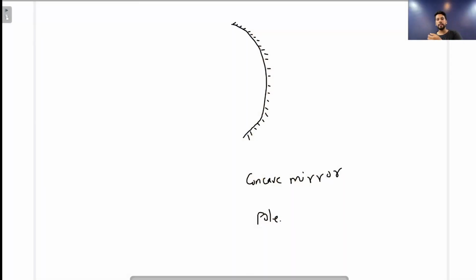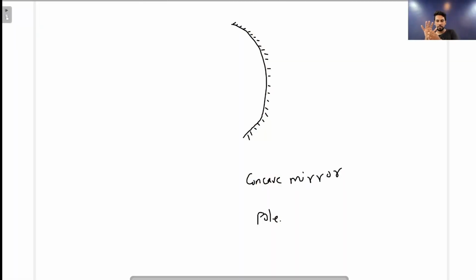Every mirror, even the convex mirror, has a pole at the geometrical center on the mirror. So that particular point is known as the pole, which would be kind of an exact center here. I'll draw it. From the pole, from that geometrical center, you extend a straight line.